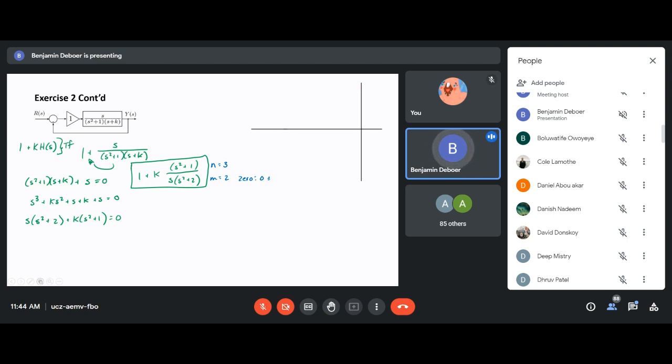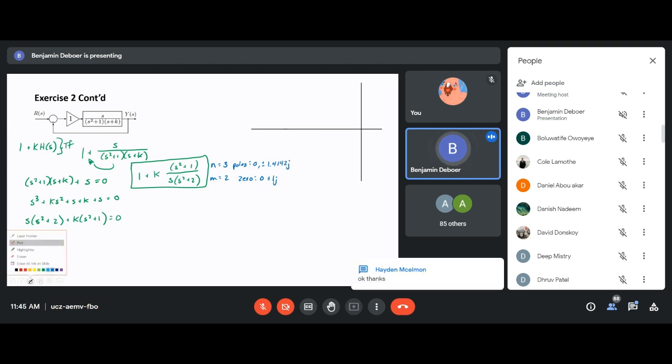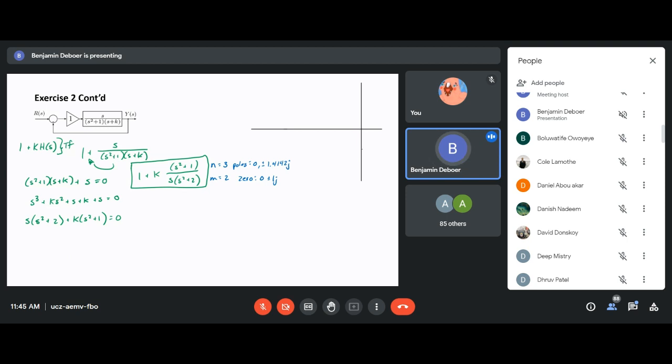With the zeros, we have plus or minus 1j, and the poles, we have 0, and then plus or minus 1.4142j. First thing we're going to do is plot these poles and zeros on our axes here.